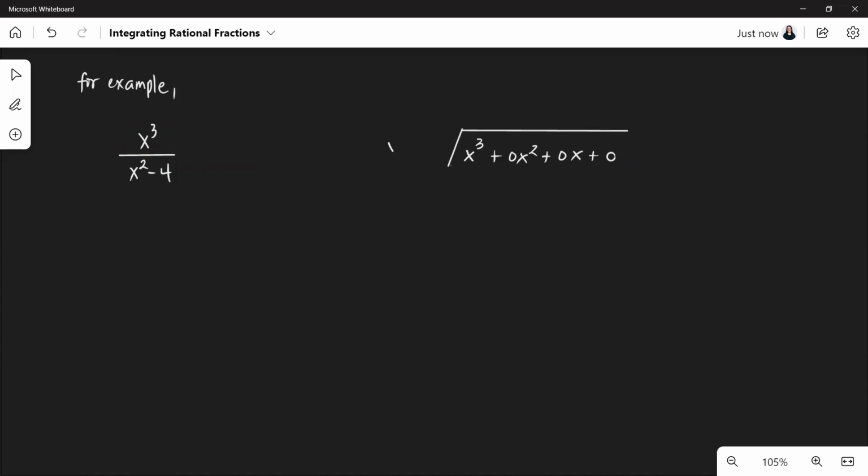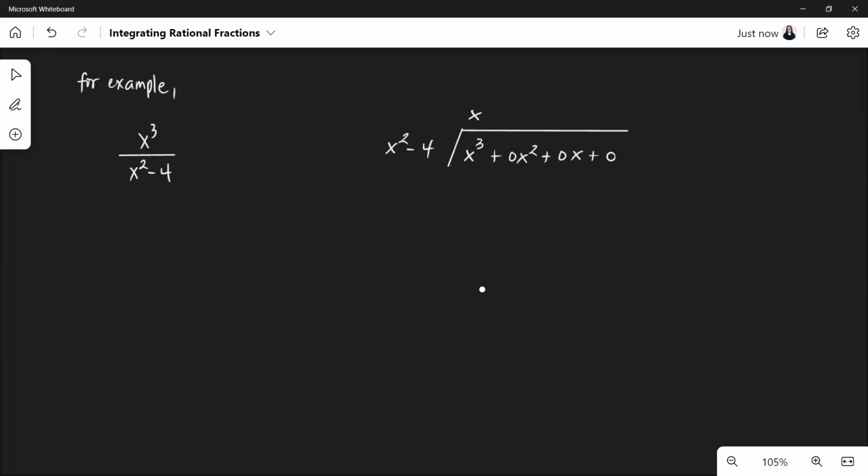For the divisor, put it here. In long division, recall that we need to arrange the terms in decreasing order of exponents. First, divide the first term by the first term in the divisor. So x cubed divided by x squared. That's x.